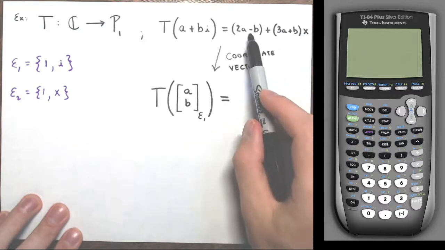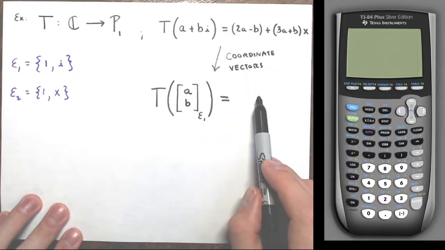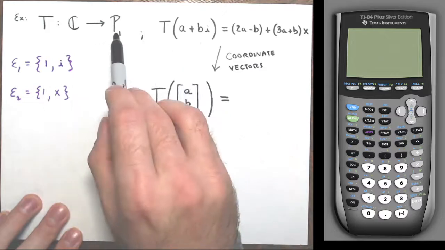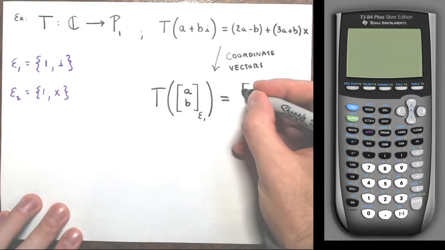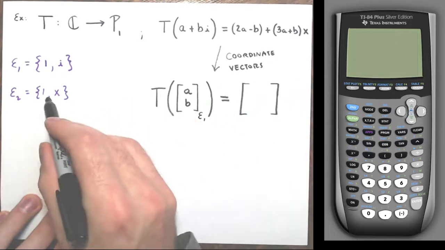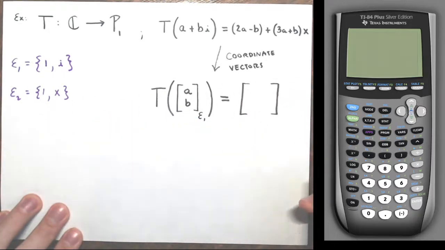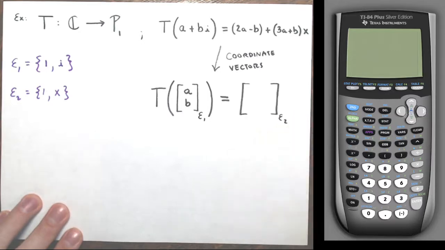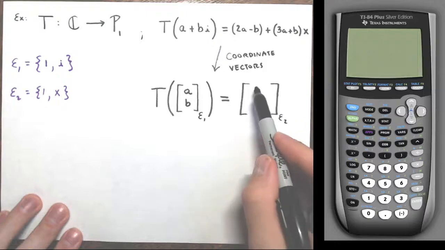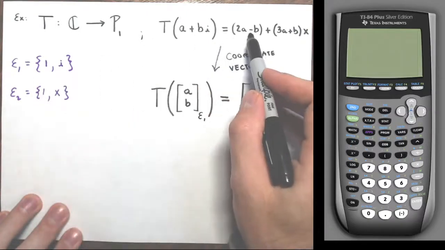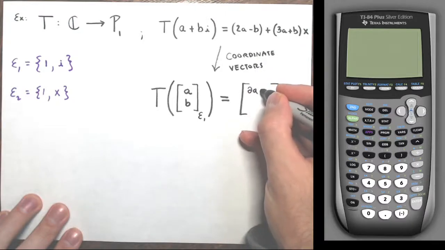And I do the same thing for the output. Instead of writing a polynomial output, I'm going to represent this polynomial as a coordinate vector relative to basis E2, the basis for the polynomial set. Again, there are two vectors in the standard basis, so there are going to be 2 components in my coordinate vector, relative to E2, so a little subscript of E2 there. Then the first component will just be the coefficient of 1, the constant term, 2a minus b.